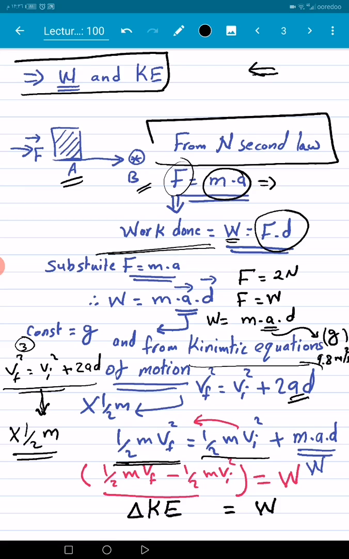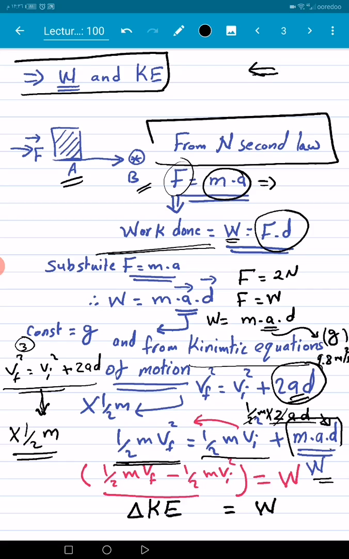If I multiply this 2AD with half m, the half cancels with the 2, so it gives me this part, mad, which from the previous equation is the work.